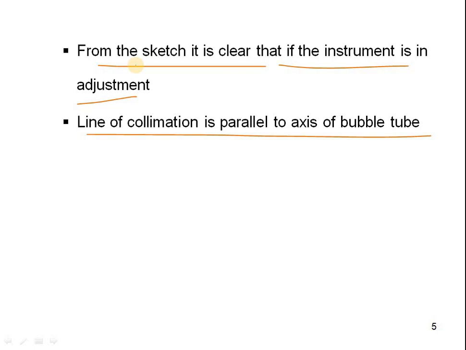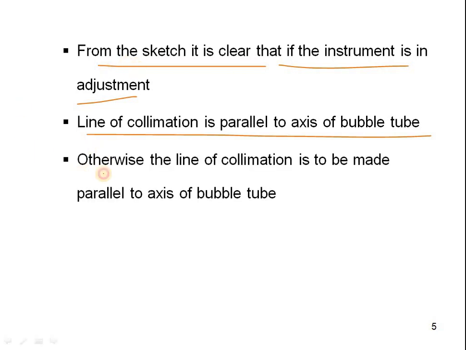After focusing the screw and setting the instrument at 90 degrees, the line of collimation will also be parallel to the axis of bubble tube. Otherwise the line of collimation is to be made parallel to axis of bubble tube.